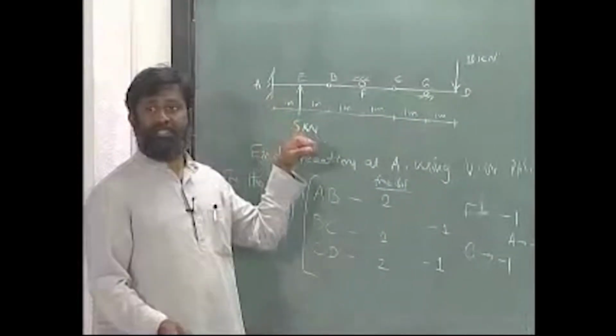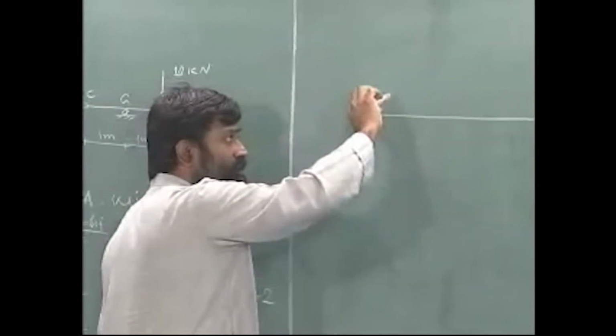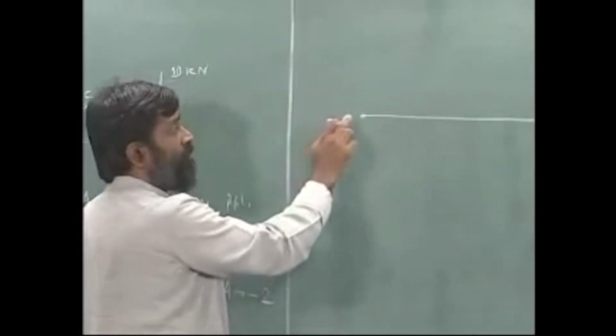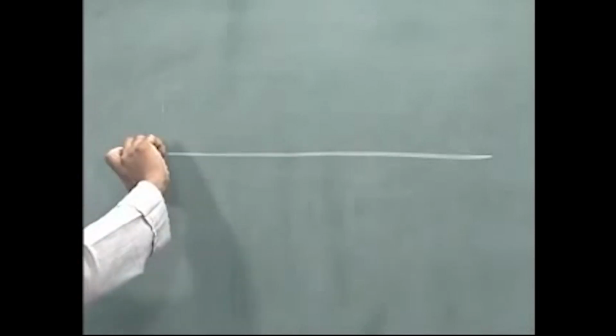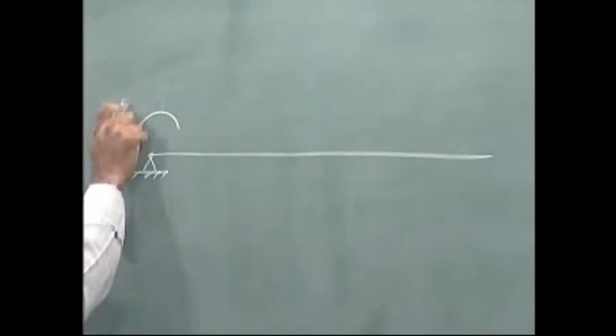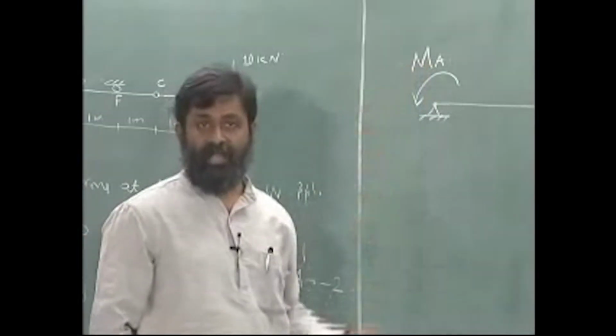I have to release the rotational degree of freedom at A, which means it should be possible for it to rotate about this particular point A. If I have to allow only rotation, it is very simple. All I have to do is convert it to a hinge and apply a moment. We need to find out this moment A.